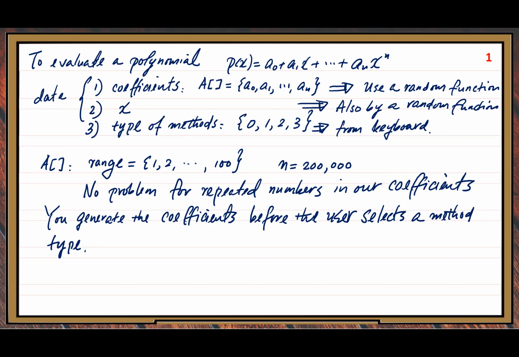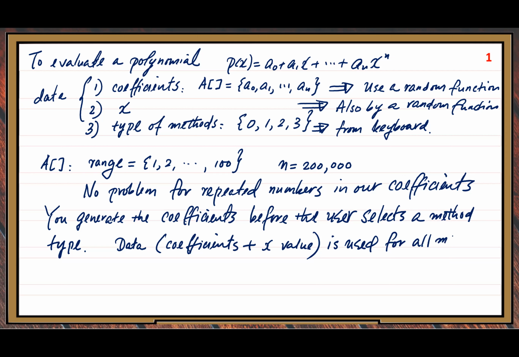You generate the data first, because in that way, the generated data, here the data, we mean coefficients plus x value, is used for all method selections.